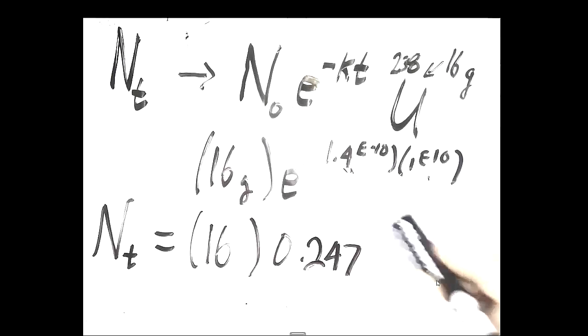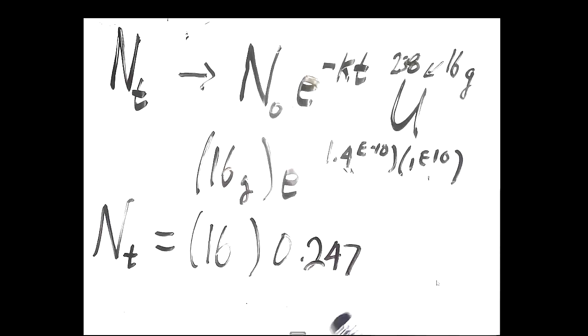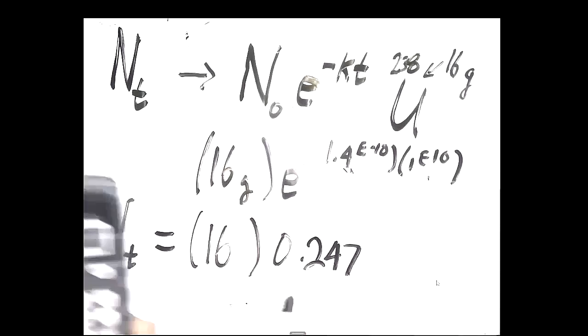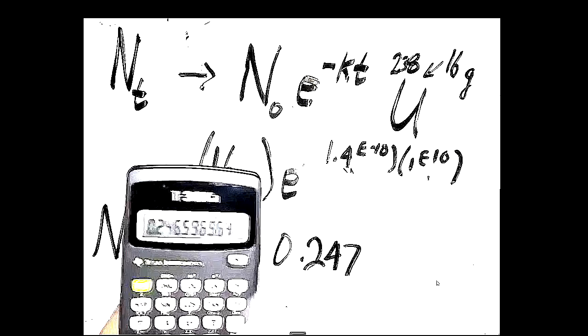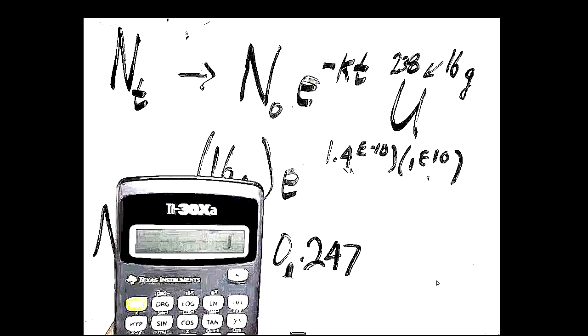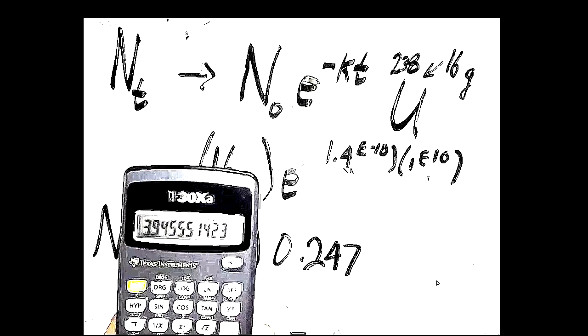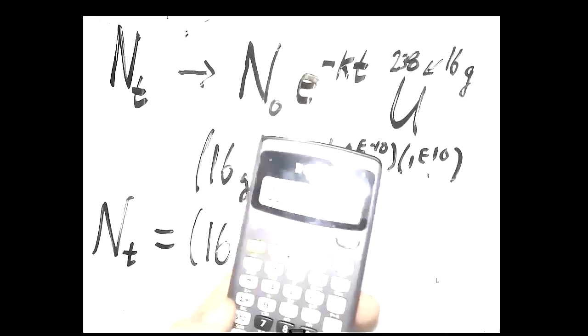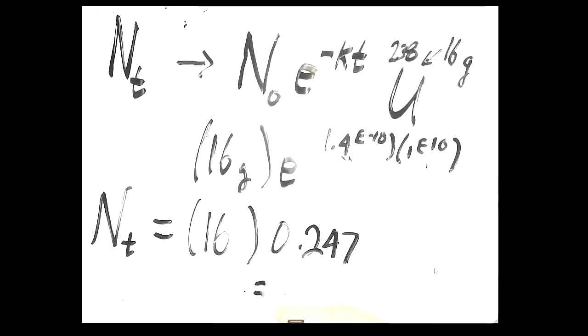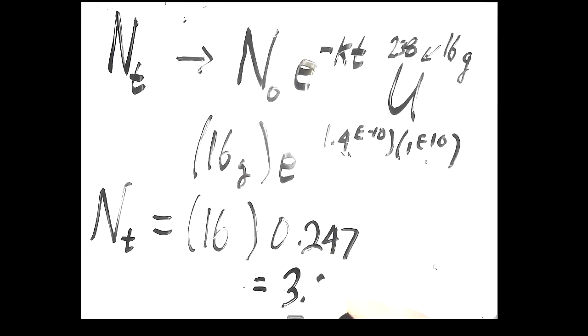We get a number that when we raise e to the power, we get this, 0.247. Now we multiply it by 16. We get this, 3.94, blah, blah, blah. So after this amount of time, we would have 3.95 grams of uranium-238.